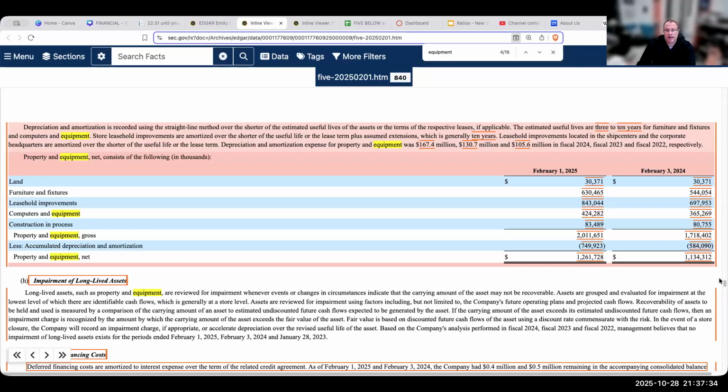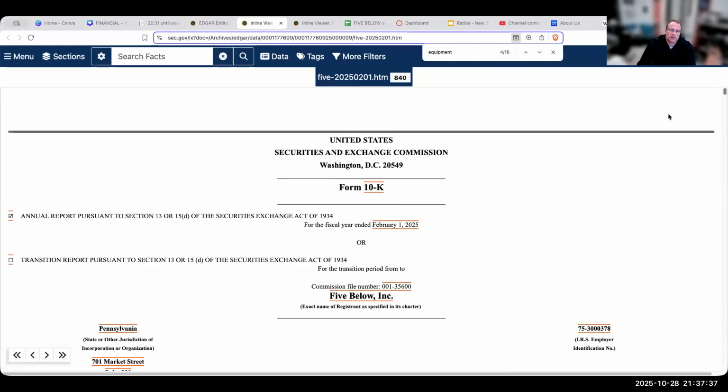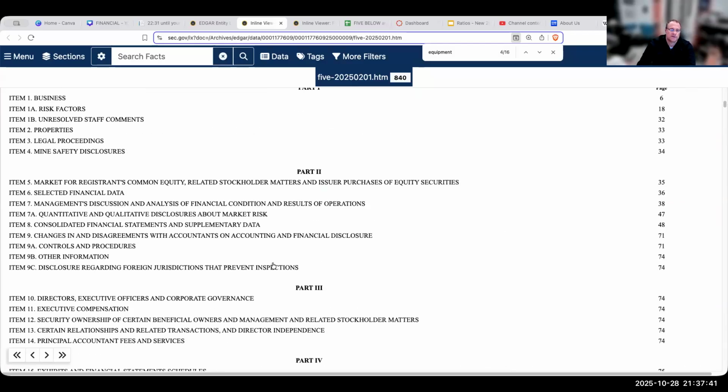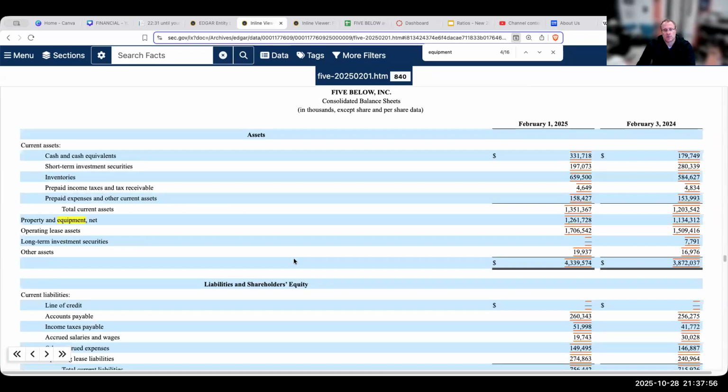And if we look at the leases, this is something for all of you: when you record leases, if I enter into a lease that is longer than a year, you have to essentially gross up your balance sheet, which to me is absolutely insane, but it is what it is.